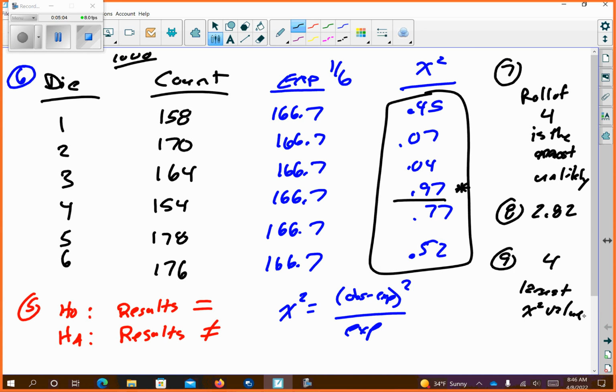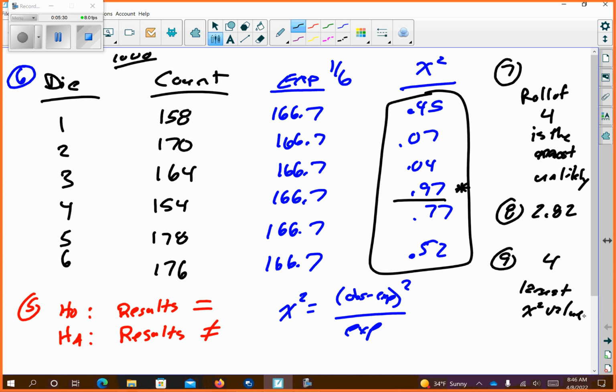So your counts could have been 15.8, 17.0, 16.4, 15.4, 17.8, and 17.6 all as percents. Then you could change your expected value of 1 divided by 6 to a percent, so 16.67. So that's it so far. Do we feel comfortable with that?